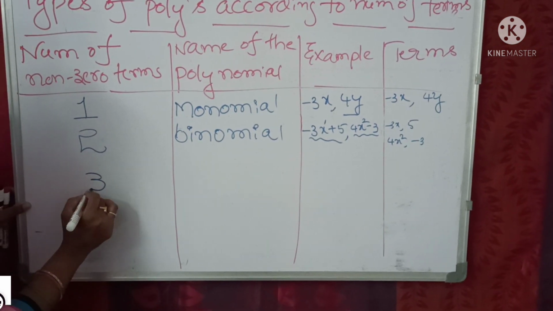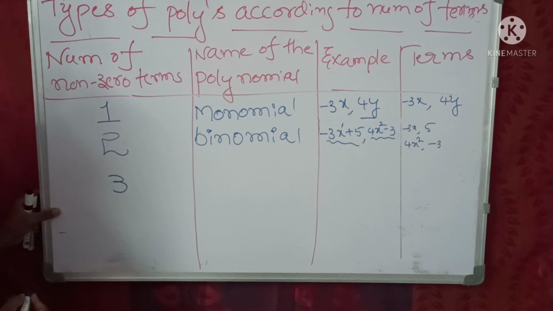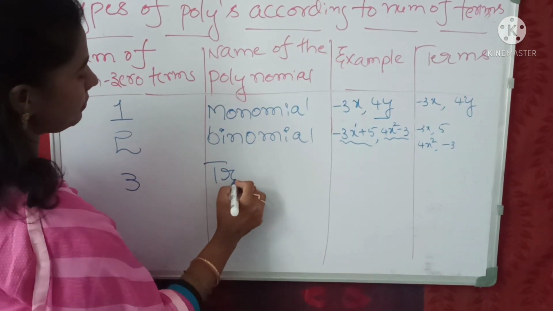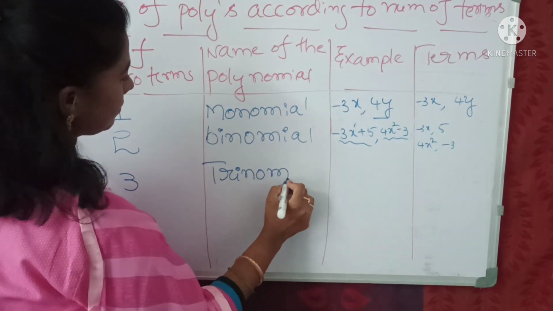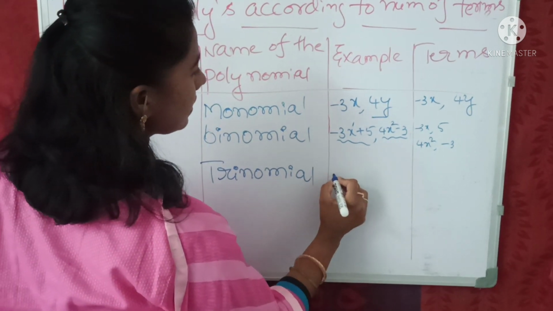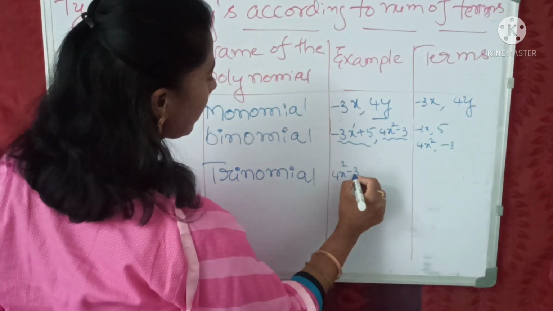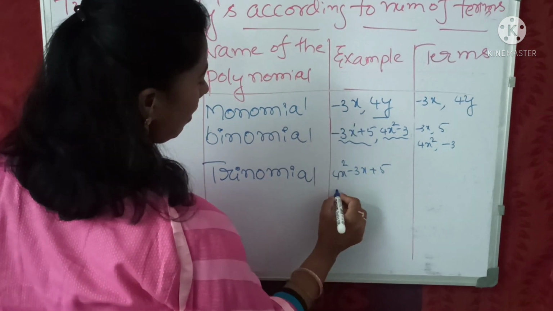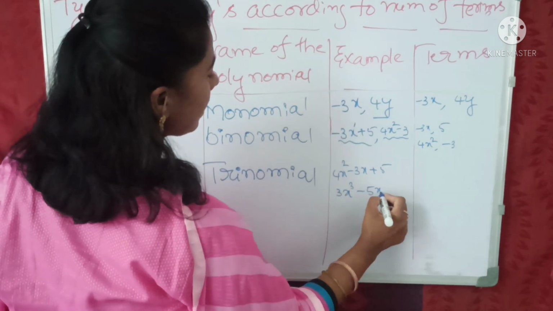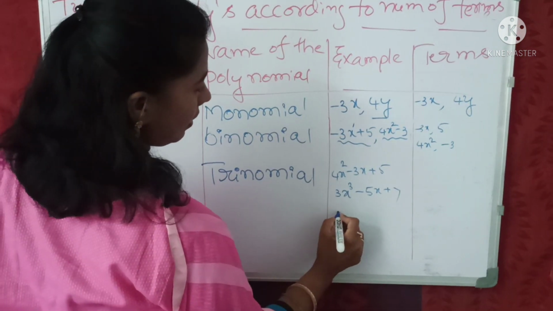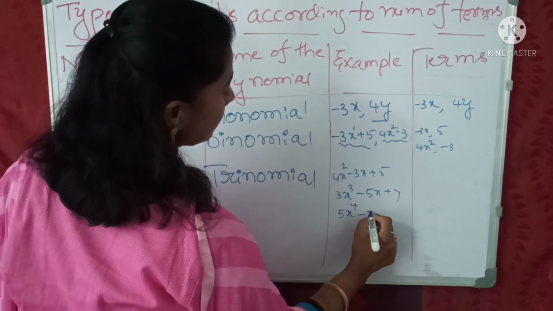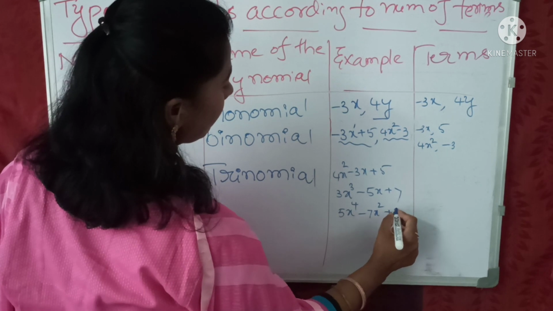Next, the number of non-zero terms is 3, and the name of the polynomial is trinomial. Examples of trinomial are 4x squared minus 3x plus 5, or 3x cube minus 5x plus 7, or 5x to the power of 4 minus 7x square plus 5.